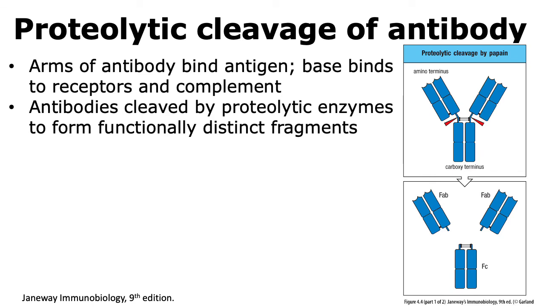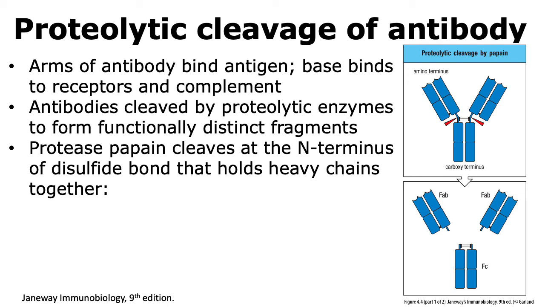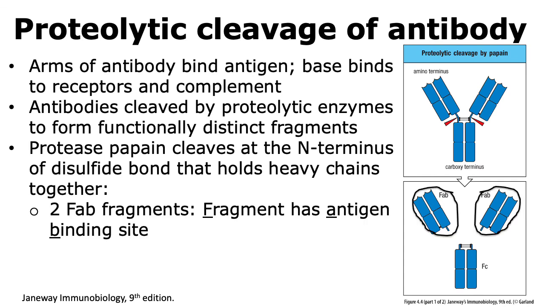Now, these antibodies were subjected to proteolytic cleavage to form distinct fragments that had an associated function. So we're first going to look at what happens if we subject the antibodies to proteolytic cleavage with the protease papain. And as you can see in the figure, when the antibody is subjected to papain, it actually is able to be broken into multiple fragments.